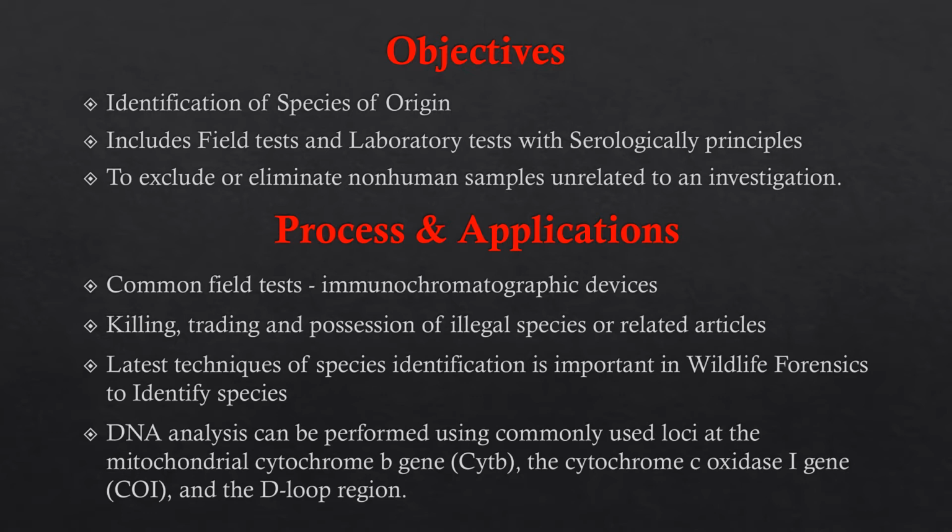The latest techniques for species identification are important in wildlife forensics to identify various species, as we have just said. The latest technique is DNA analysis, which can be performed using commonly used loci at the mitochondrial cytochrome B gene, also known as cyt B. The cytochrome C oxidase 1 gene, COI in short, is also used to identify the animal species, and we can also test the D-loop region.